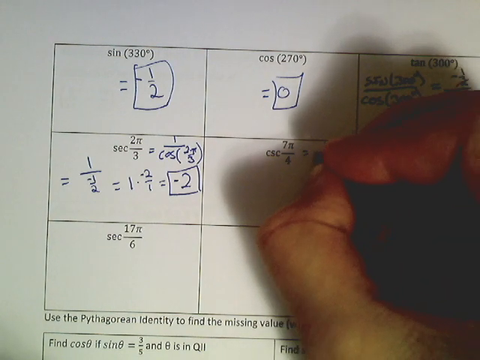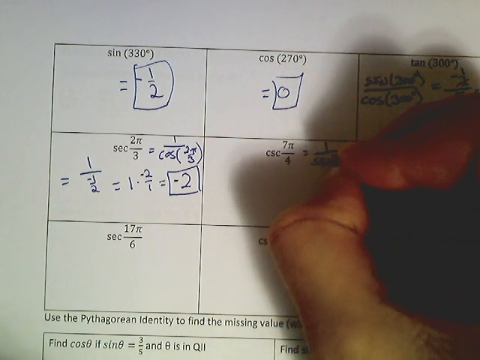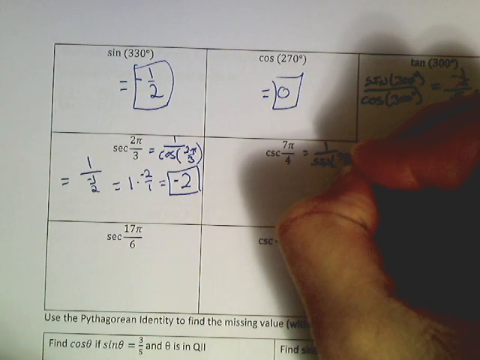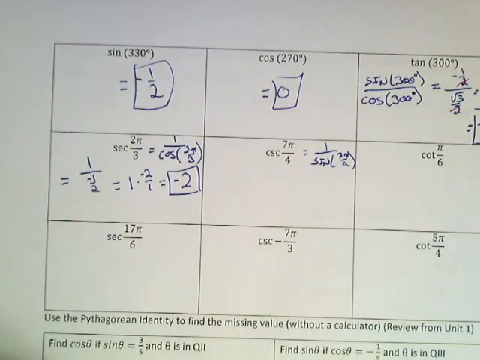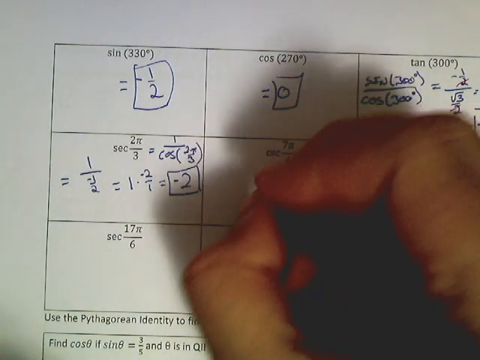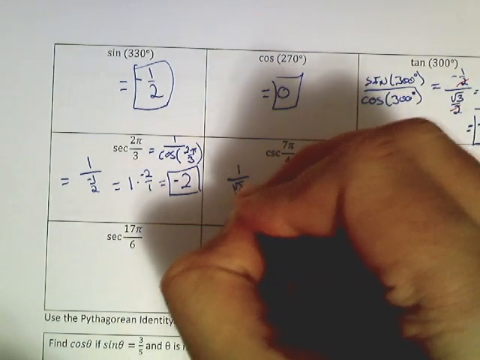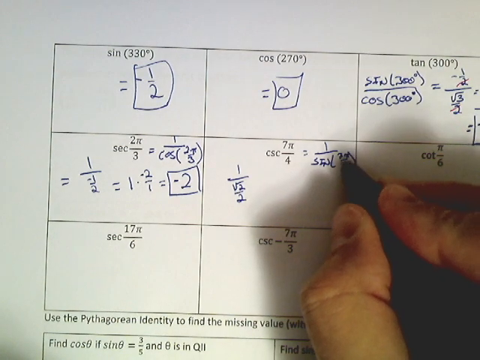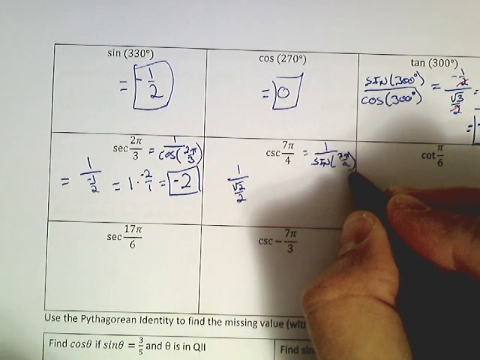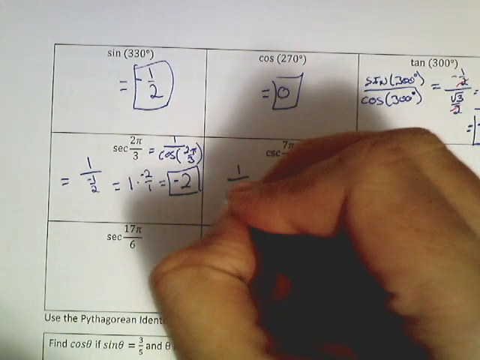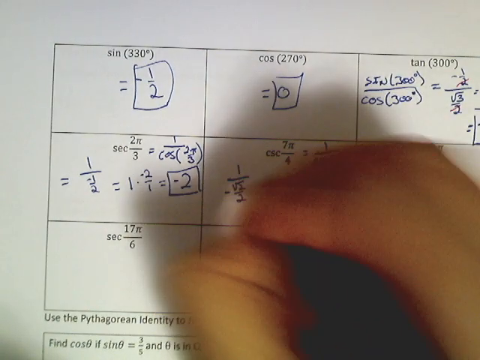Cosecant is equal to 1 over sine, and this is going to be 7 pi over 4. Sine of 7 pi over 4 is going to be square root of 2 over 2, and that is quadrant 4. Sine is negative in quadrant 4.